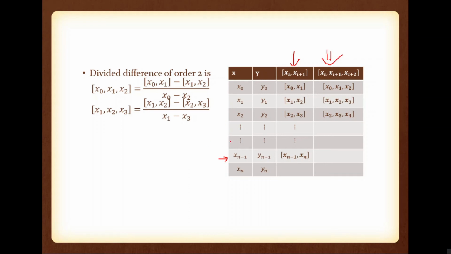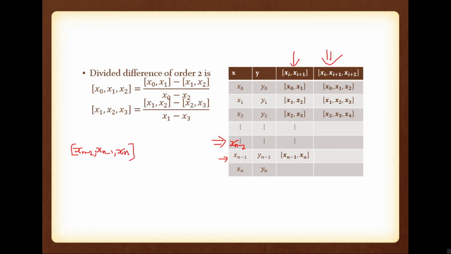Yes, you can find up to xn minus 2. Is it okay? So you can write, corresponding to xn minus 2, you have xn minus 2 as the first element. The next two elements are xn minus 1, comma xn.